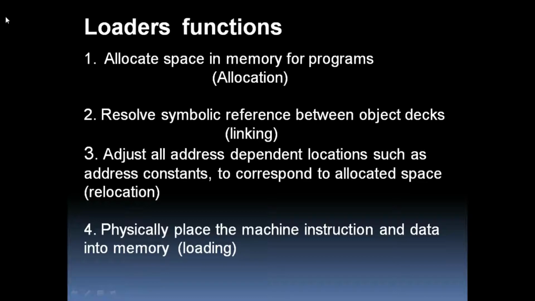The program and the data are physically placed into the memory. Physically placing the machine instructions and the data into the memory is called loading. All those machine instructions and the corresponding data are placed in the memory. This process is called loading. So here we have come across 4 functions of a loader.